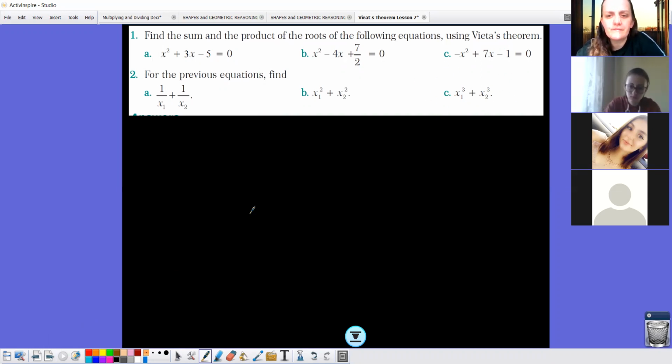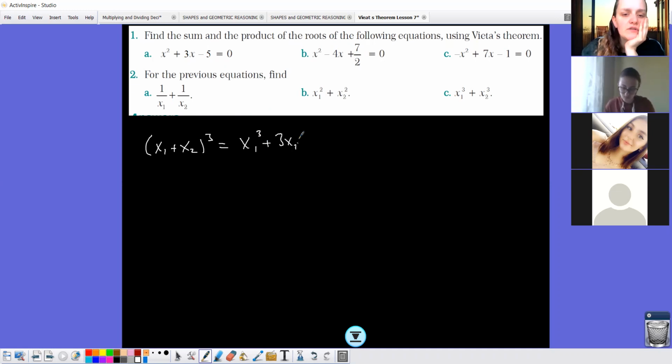Okay. So we were working with the binomial cube. Do you remember? x1 plus x2 cube. So we said that this is x1 cube plus 3x1 squared x2 plus 3x1 x2 squared plus x2 cube.